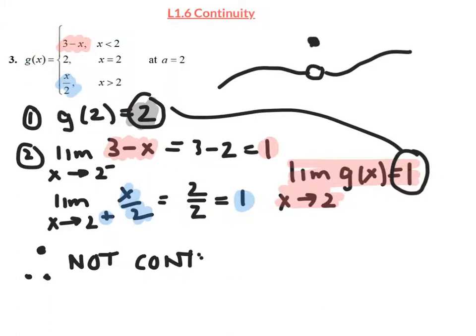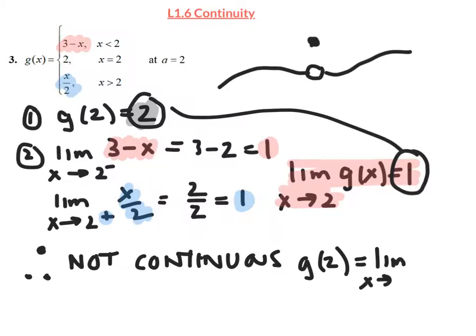because, well, actually exactly by the definition, because the value, that's supposed to be g of 2, doesn't equal the limit as x approaches 2 of g of x. It does not do that, right?